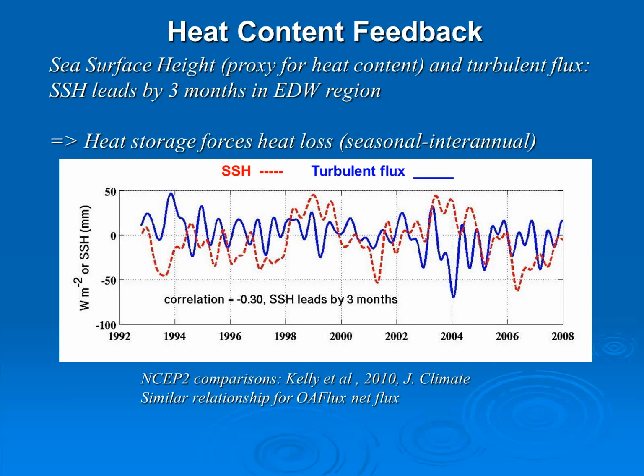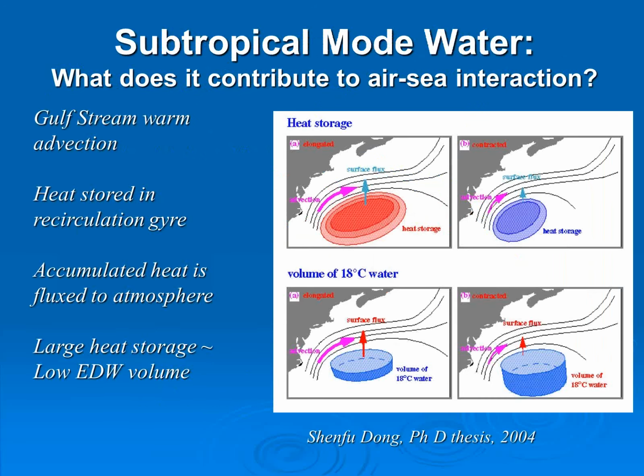Basically, this heat flux is defined in terms of the ocean. So if you have a lower value, it means large heat release to the atmosphere. If you have more heat content, you have large heat release to the atmosphere, and vice versa.